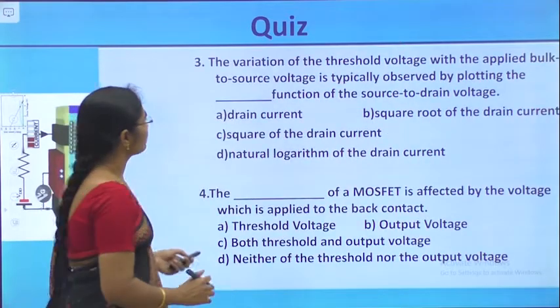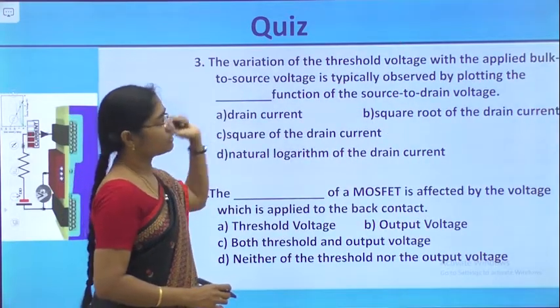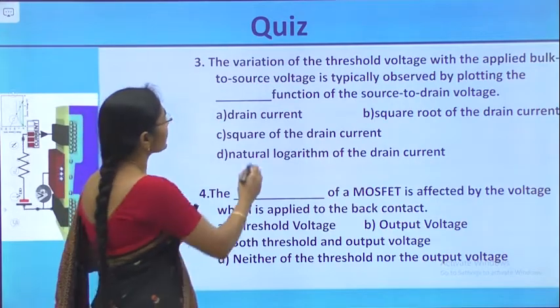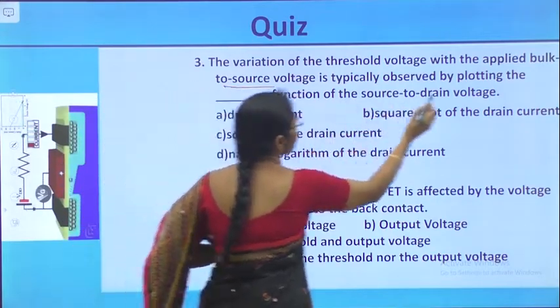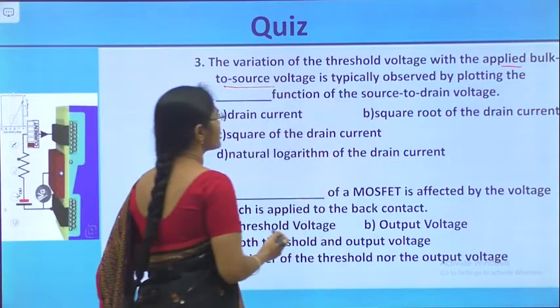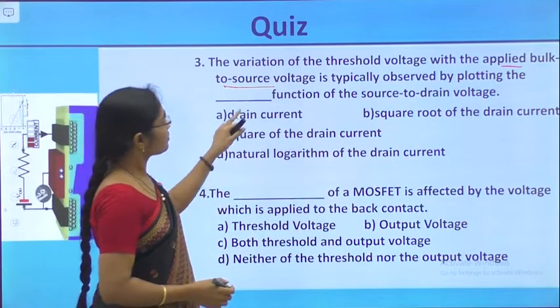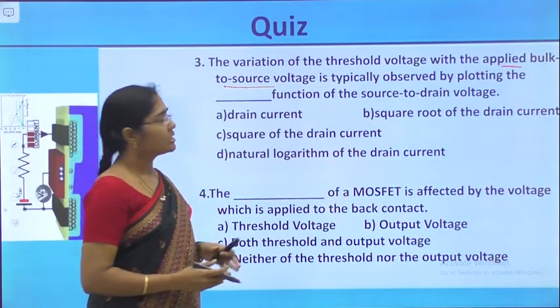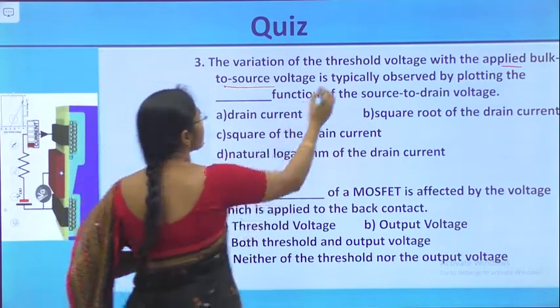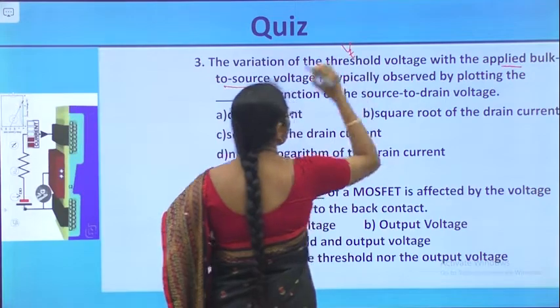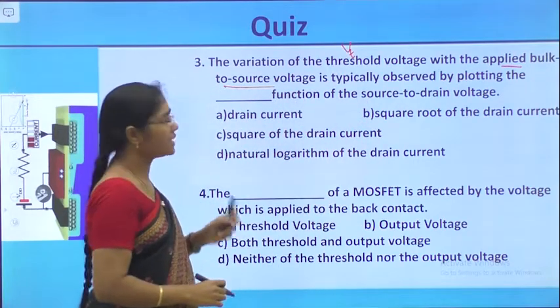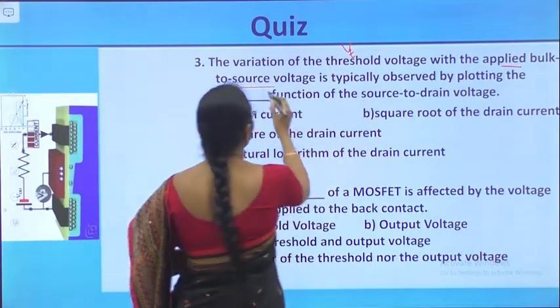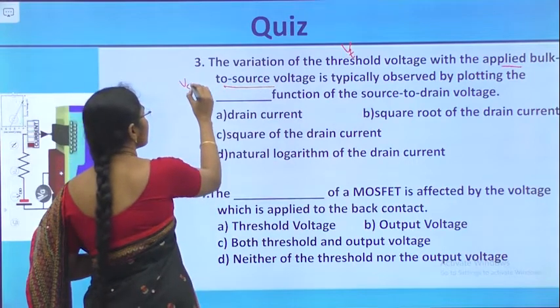So, next question. The variation of the threshold voltage with the applied bulk to source voltage is typically observed by plotting the dash function of the source to drain voltage. See, variation in the threshold voltage. So, here we are seeing the threshold voltage formula VT with the applied bulk to source, that is substrate bias potential.